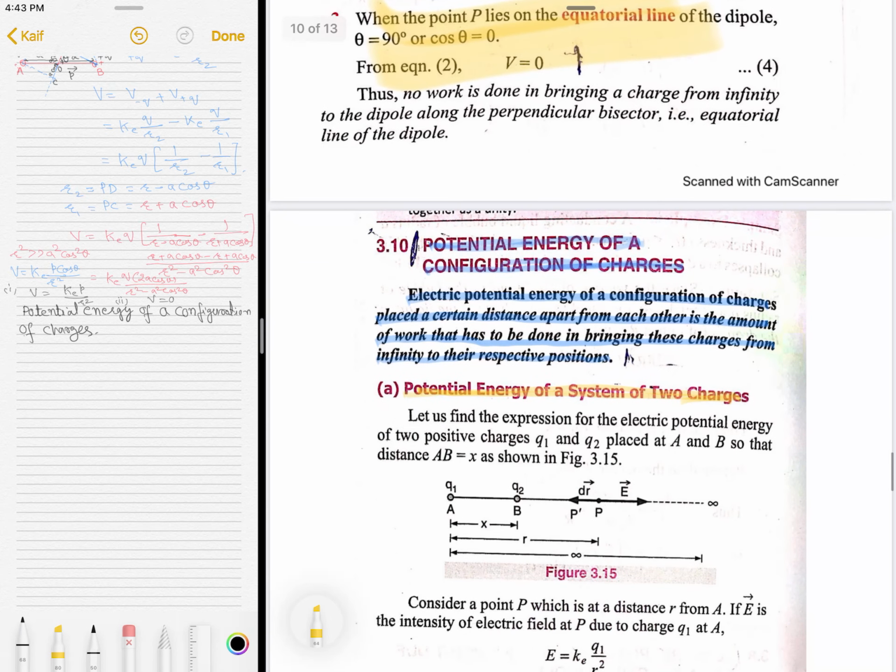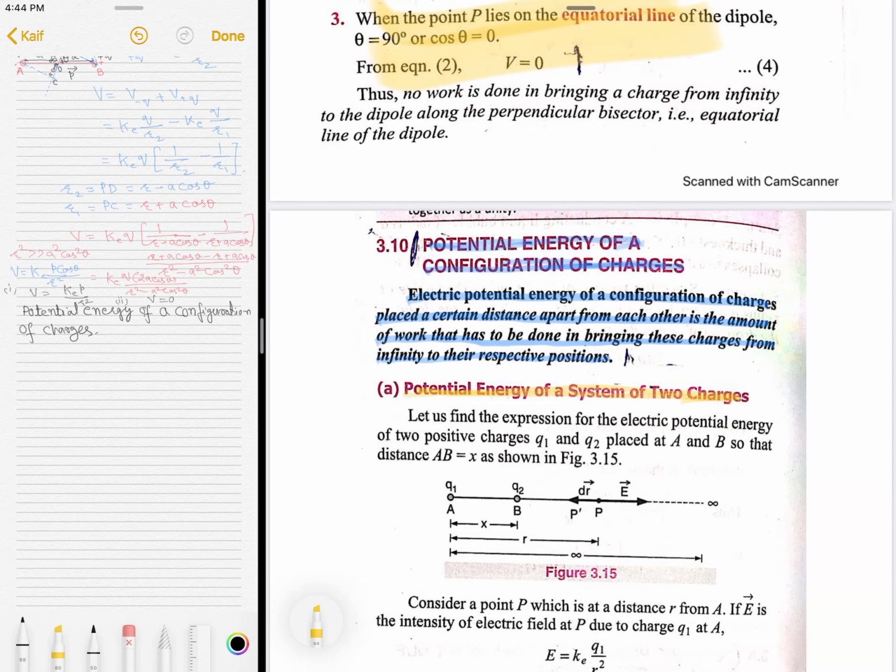Now, I will discuss potential energy of a configuration of charges. I highlighted the definition. Electric potential energy of a configuration of charges placed at a certain distance apart from each other is the amount of work that has to be done in bringing these charges from infinity to their respective positions.